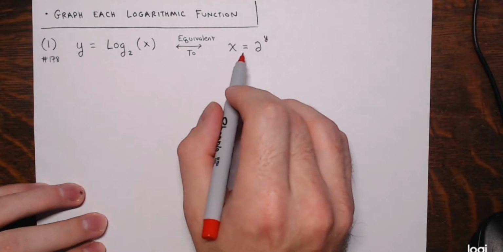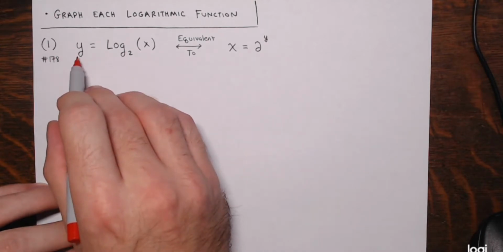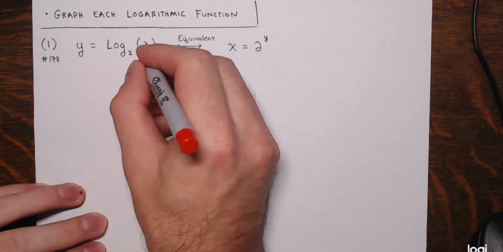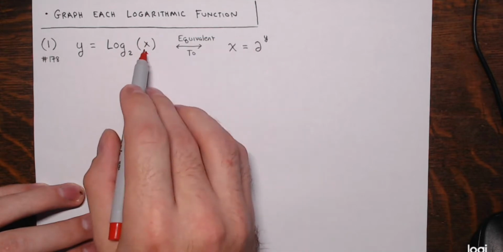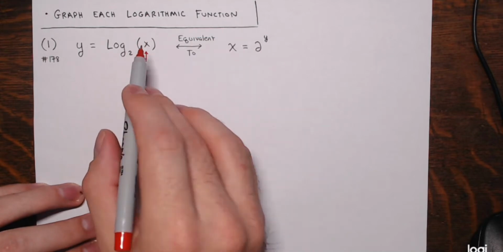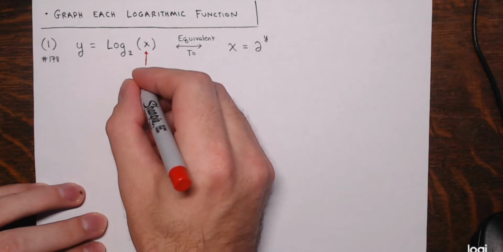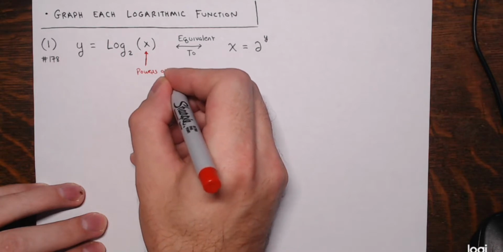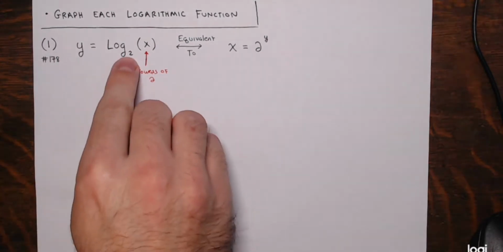I'm not going to write this out for the next examples, but I'm saying y equals the log base 2 of x. So what should be inside the parentheses here? What I should input is powers of 2. I want to put powers of 2 into this to make it easy on myself, but it all depends on the base of the logarithm.